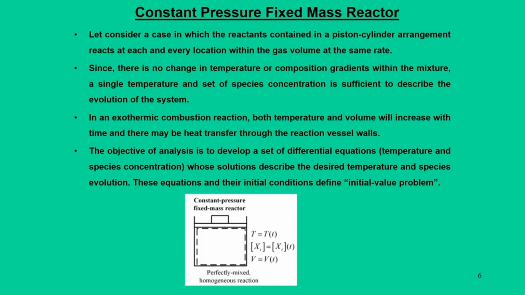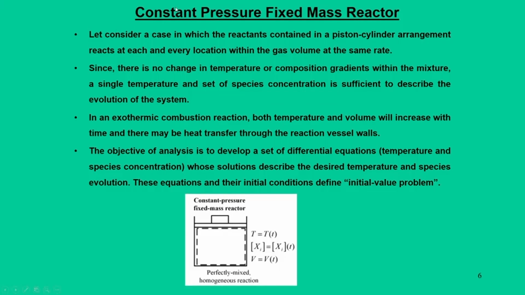Out of all these four models we will analyze one by one, but we will give more emphasis to the first model, and for the other models we will just give some glimpses of how they are modeled. In the first model, it is a constant pressure fixed mass reactor.